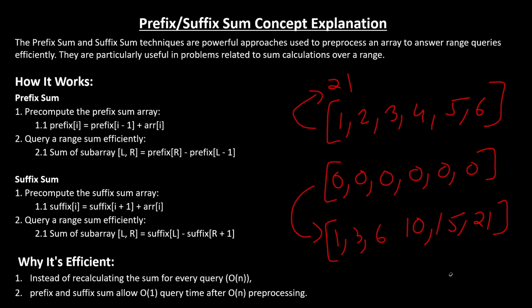We don't have to calculate that again and again because we already know that at index 0 the sum is 1, from index 0 to index 1 the sum will be 3, from index 0 to index 3 the sum will be 10, right? And if you want to calculate the sum from index 0 to the last index, the sum will be 21.